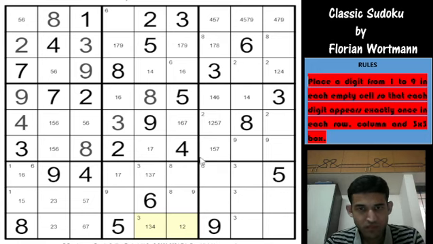Okay, I'm seeing something. Let us see if that is actually useful. I'm just noticing that 6 has only 2 options left in row 6, and similarly in row 9 6 has only 2 options left, and I've highlighted both those pair of cells in yellow.